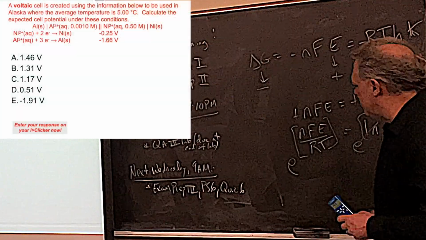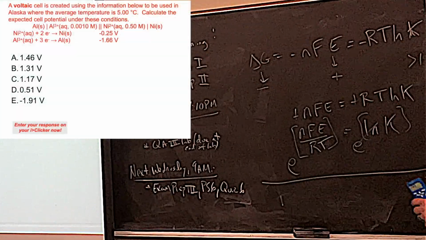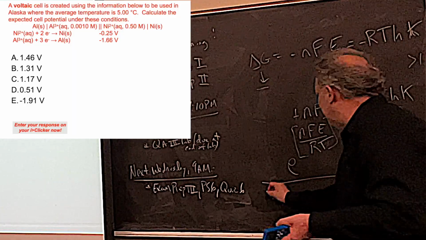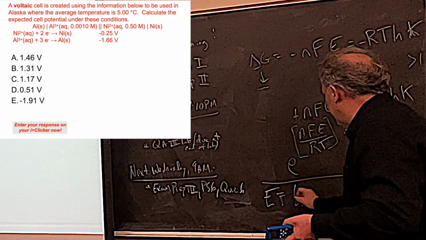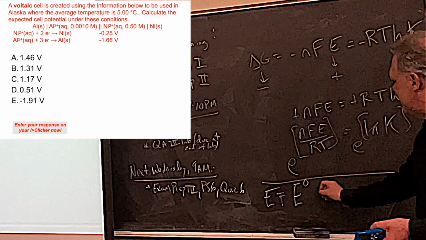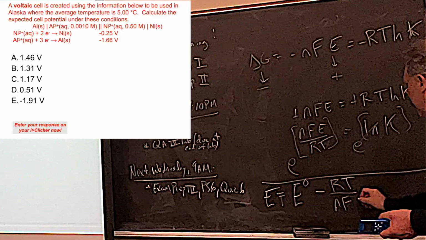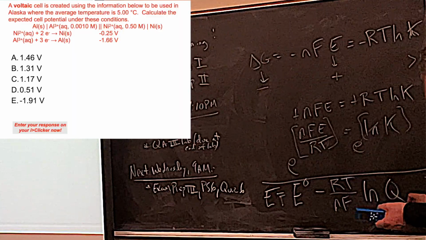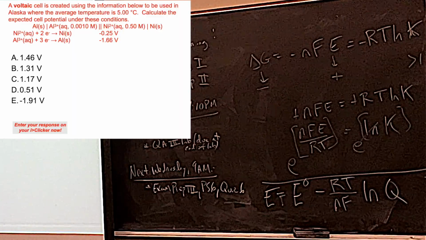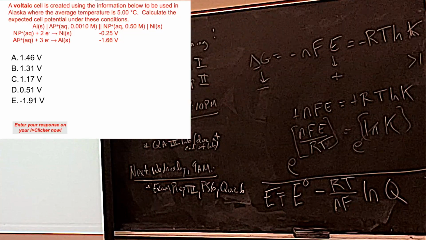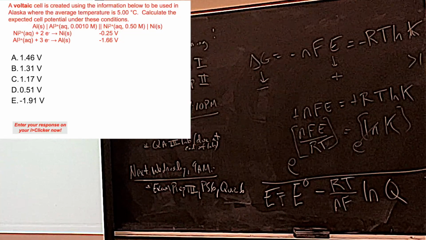Now, when you see weird temperatures and weird concentrations, this is going to be a Nernst equation problem. E equals E0 minus RT over NF, natural log of Q. You can use these values to find the voltaic value, which has to be positive, all right?